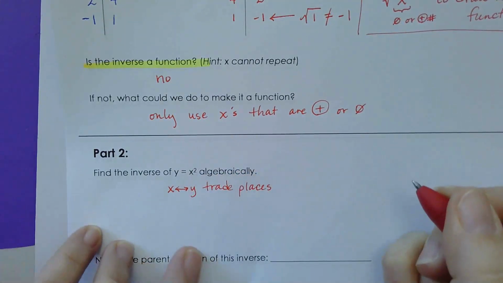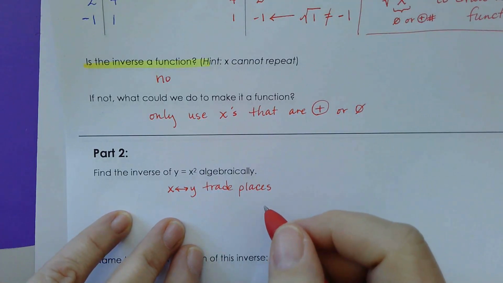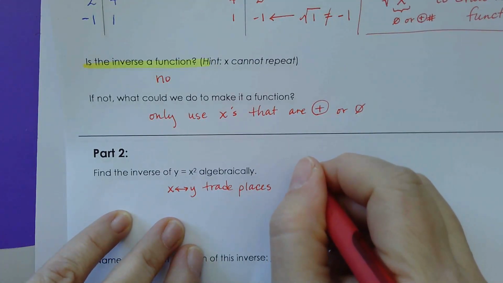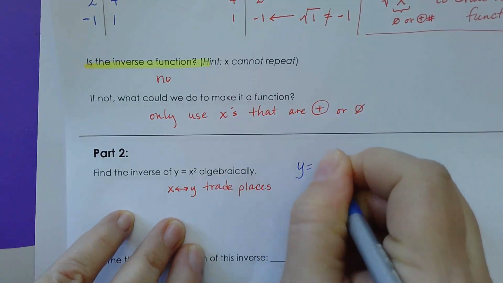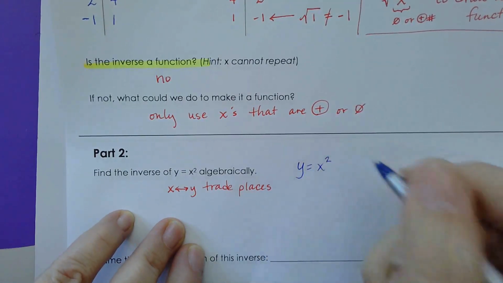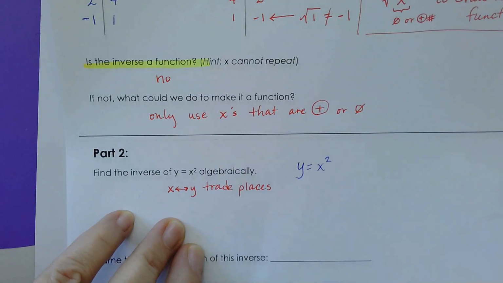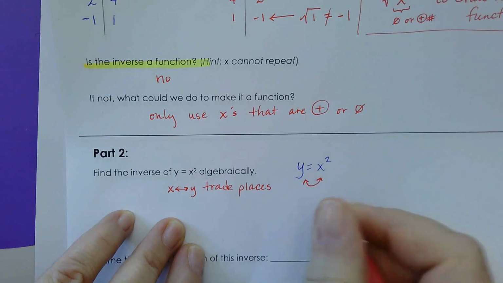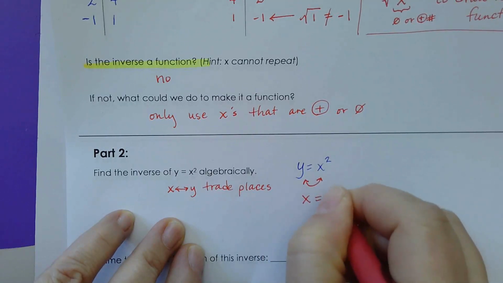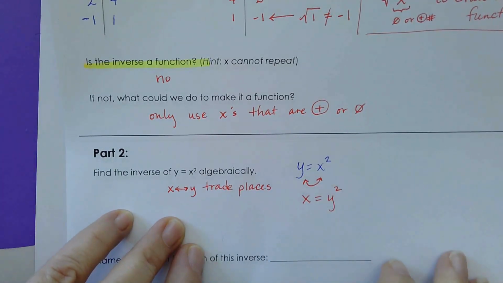So using equations, I would say if I have y equals x squared and I need to find the inverse, then I'll trade places here and I'll get x equals y squared.